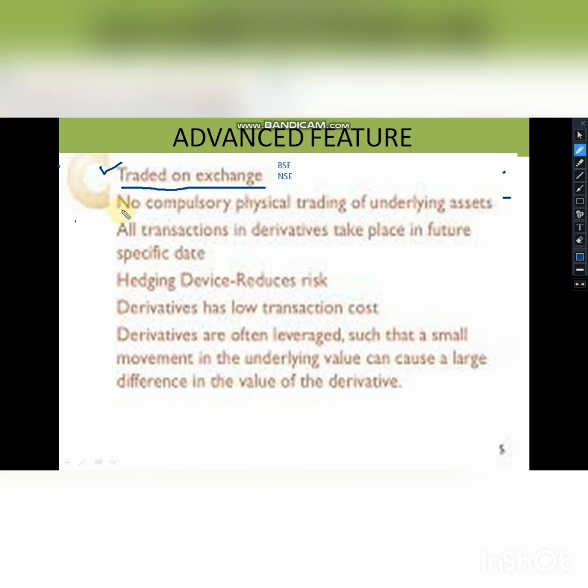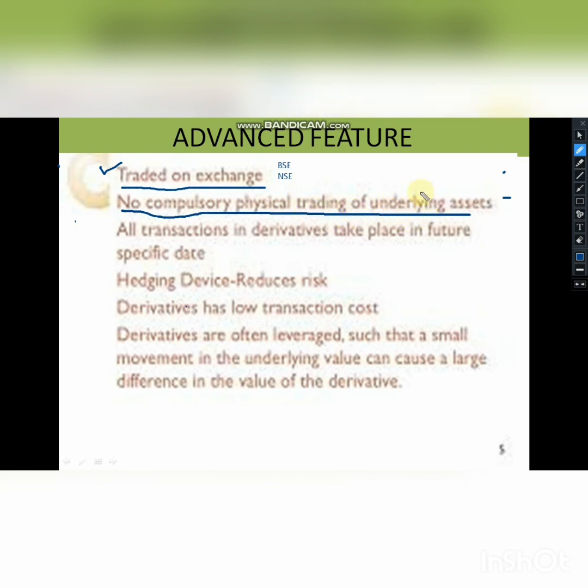The next point we have: no compulsory physical trading of underlying asset is necessary. So there is no need of physical trading, because the underlying asset is usually shares. I will talk about it in detail when I upload the next video about the types of derivatives.